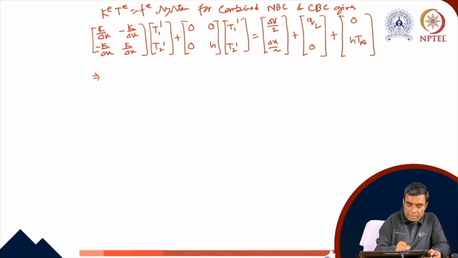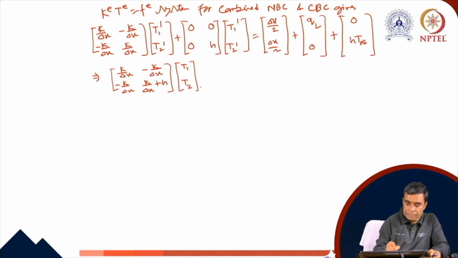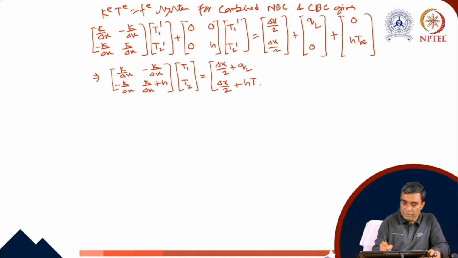So from here we can write the matrix equation system as K by delta X, minus K by delta X, minus K by delta X, K by delta X plus H, times T1, T2, equals delta X by 2 plus QL, delta X by 2 plus H T infinity.